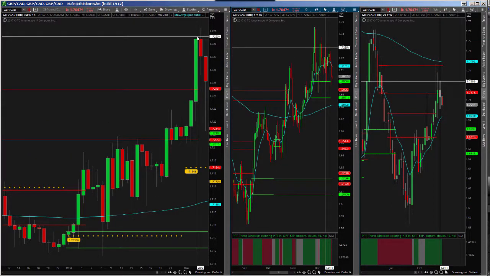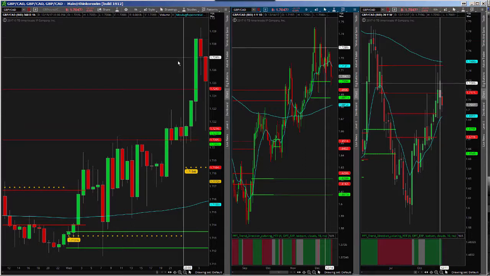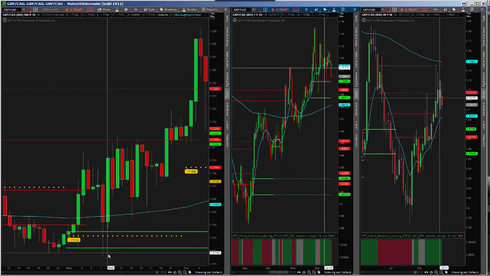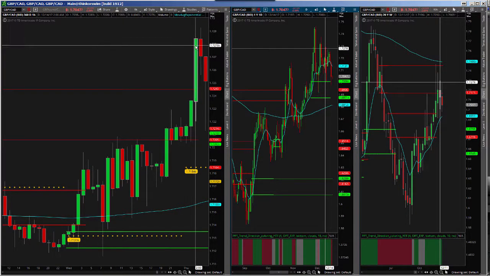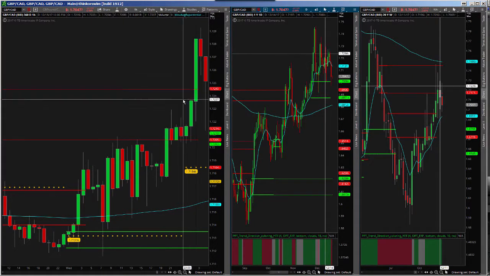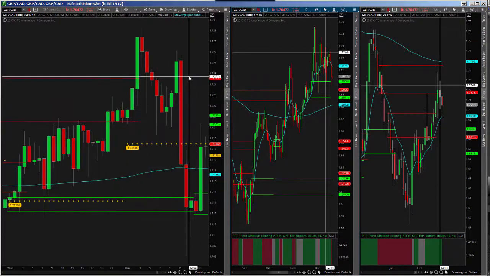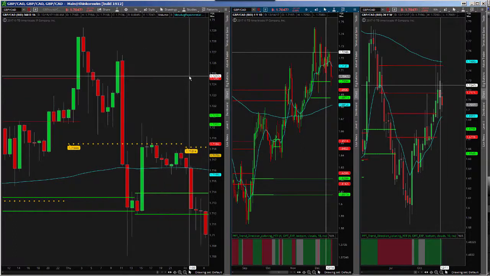And target hit. Let's double check that one. Would have been in at 31. Goes down to 16. It was about 16 pips against me, and then goes up and easily hits target. Alright. Now I can look for a sell zone if it sets up.